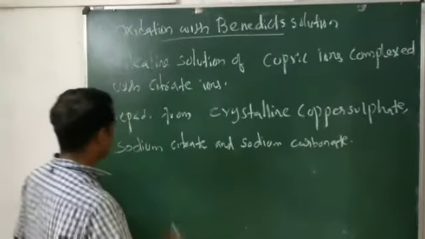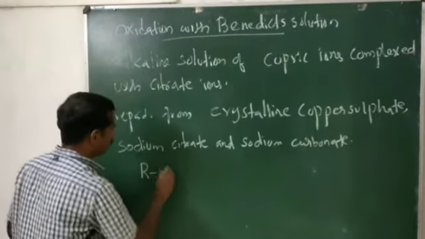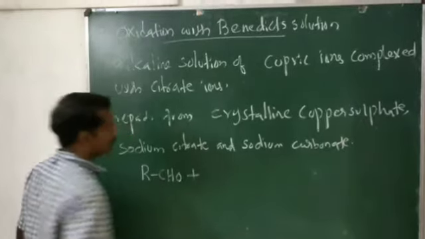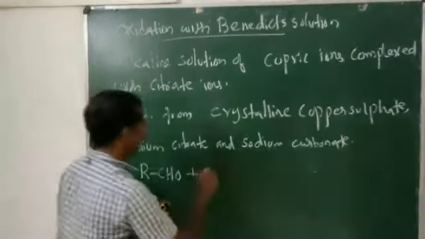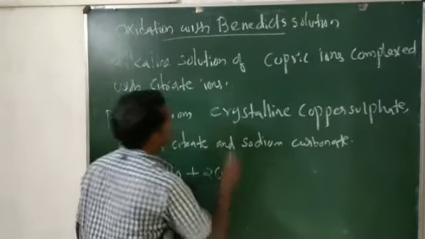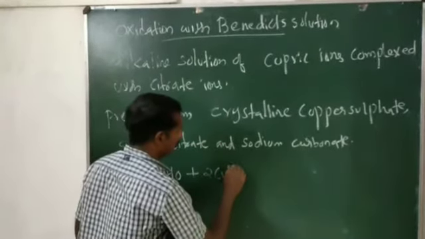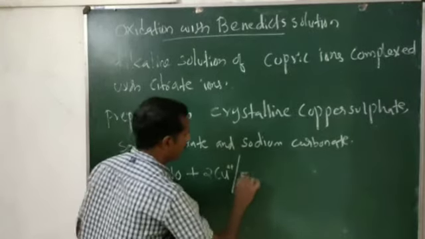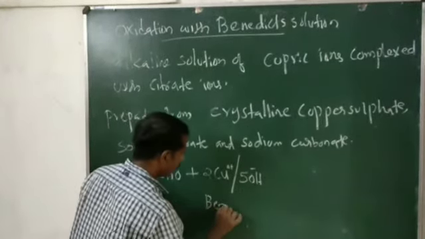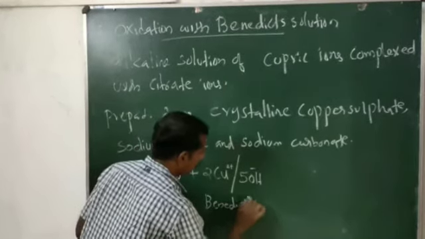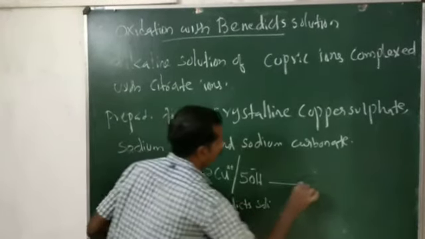So look at it here. When aldehyde RCHO, aliphatic or aromatic, is treated with Benedict solution, it can be represented by Cu2+ and 5OH-. This is Benedict solution. So what will happen?